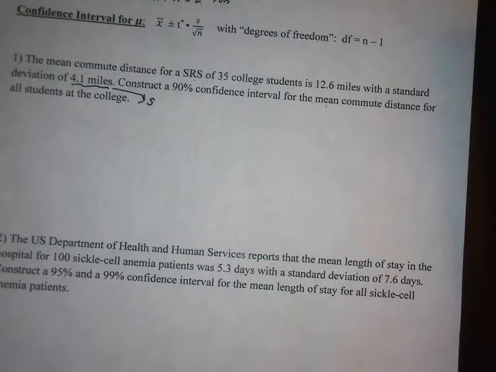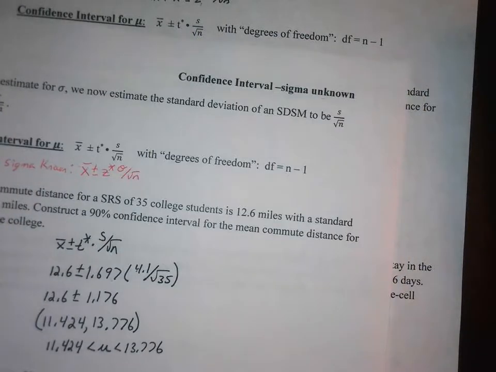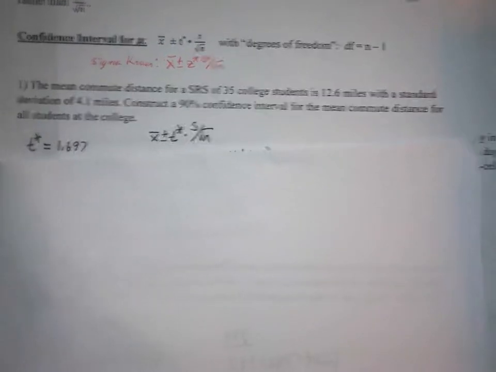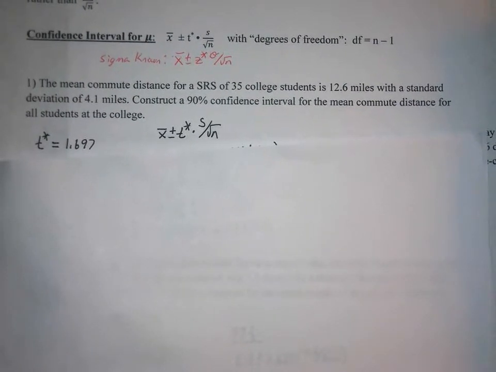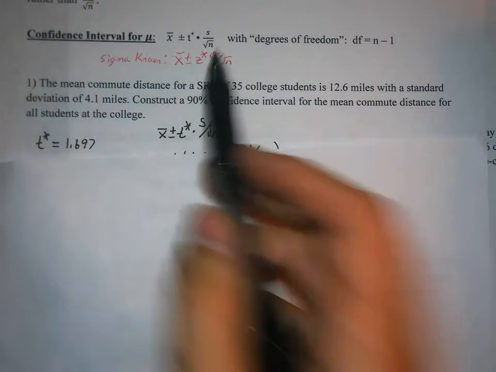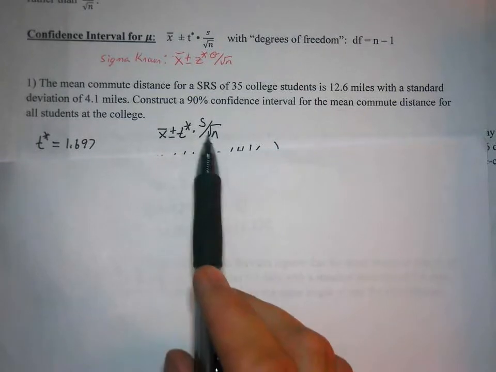Okay, so as far as the work goes, the work is exactly the same as before. Okay, so we have our formula, x bar plus or minus t star times s over the square root of n, and now it's just plugging into that formula.